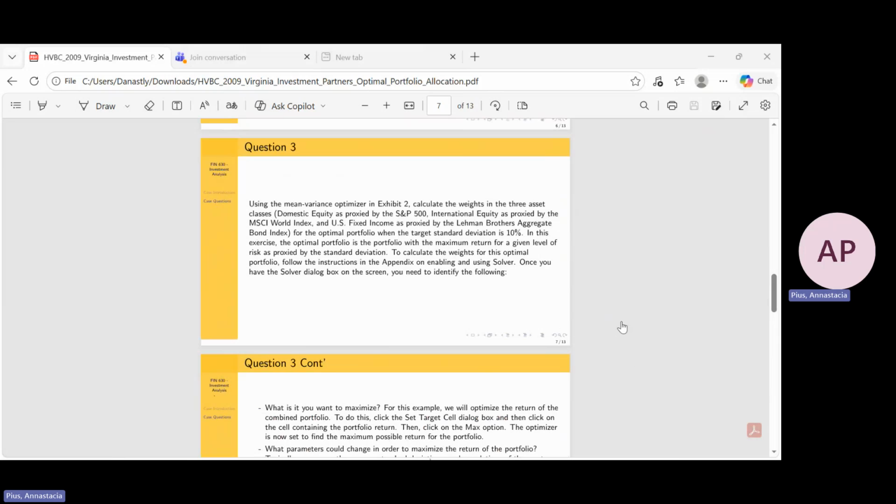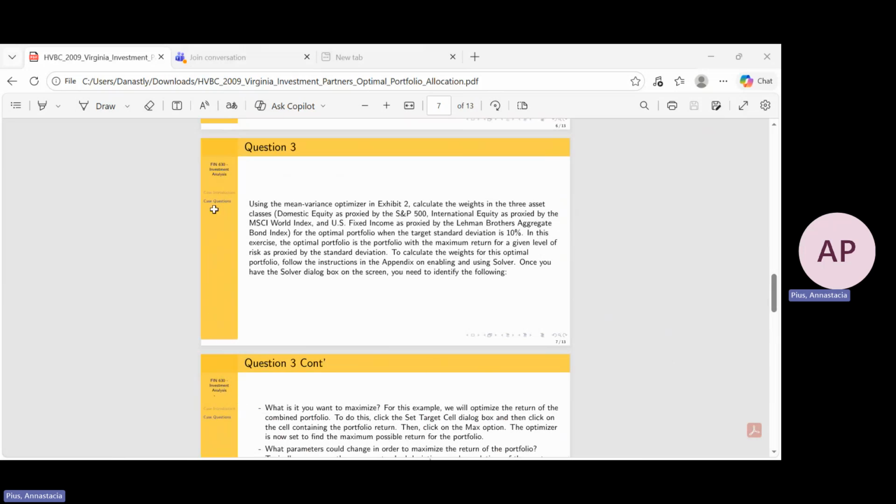Then I would set constraints that the weights that I have should add up to 100%. We cannot take negative values for the weights because we're looking at optimizing the returns. That means they need to be greater than 0 and they need to add up to 1.